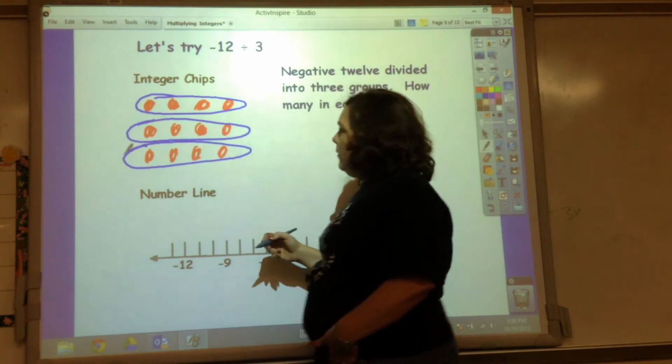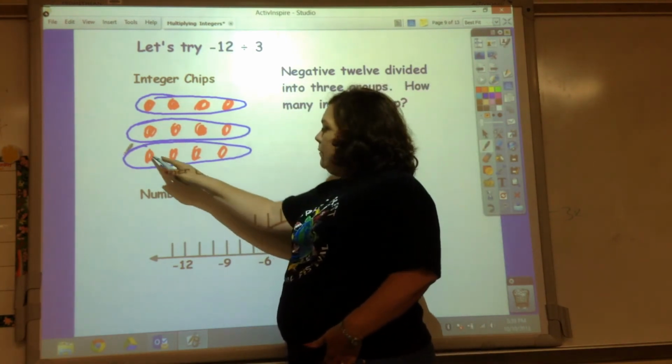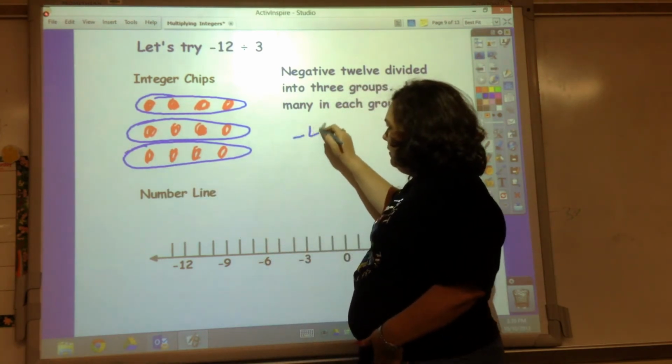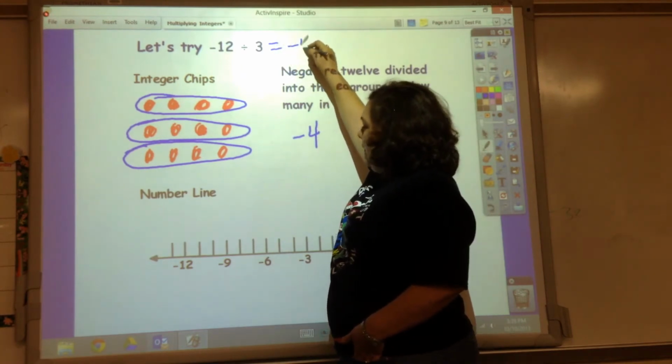How many are in each group? There's 4: 1, 2, 3, 4. 4 per group, and they are negative, so negative 4. So negative 12 divided by 3 is negative 4.